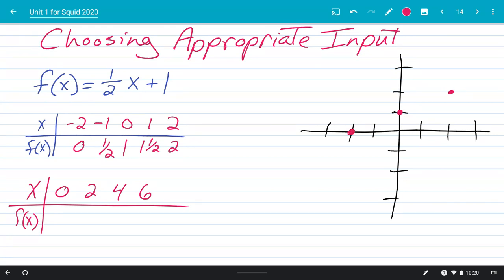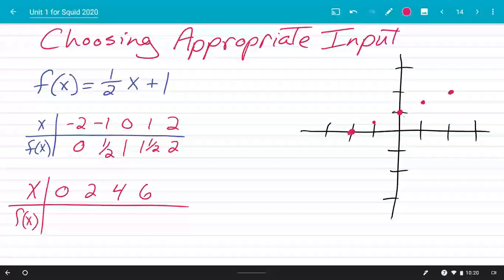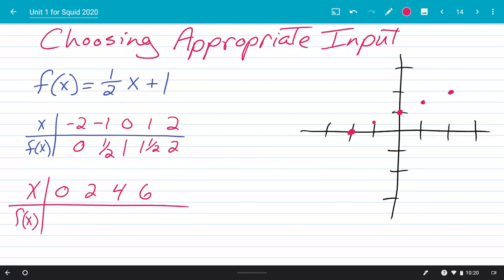But this -1/2, that's hard to graph, isn't it? Just like the 1, 1.5, that's kind of harder to graph. And if we had other fractions other than halves, it'd be really difficult to graph, wouldn't it? You see that?